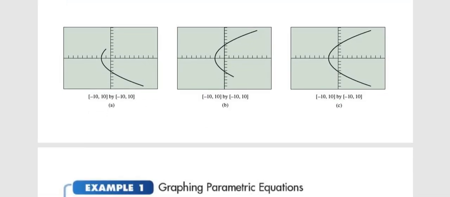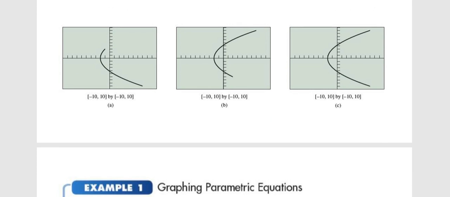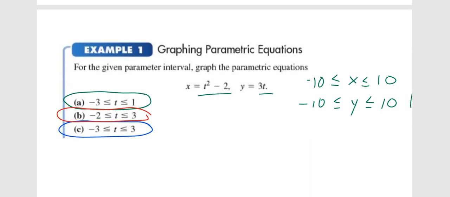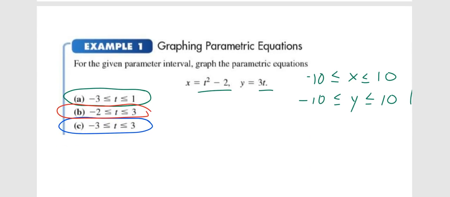So like these have been defined on a specific interval. And I had you graph these in class. It's the exact same equation, but it's got 3 different parameters. So for instance, these were the 3. All right, so we started off with x equals t squared minus 2, y equals 3t. We went to our, which mode should I be in?